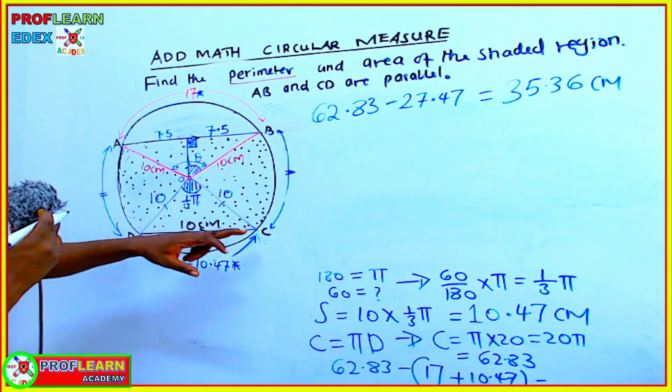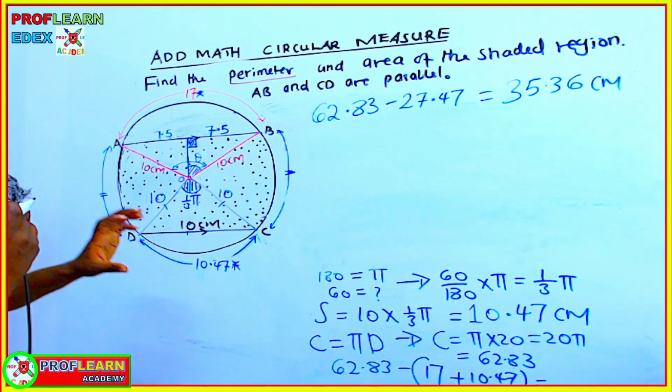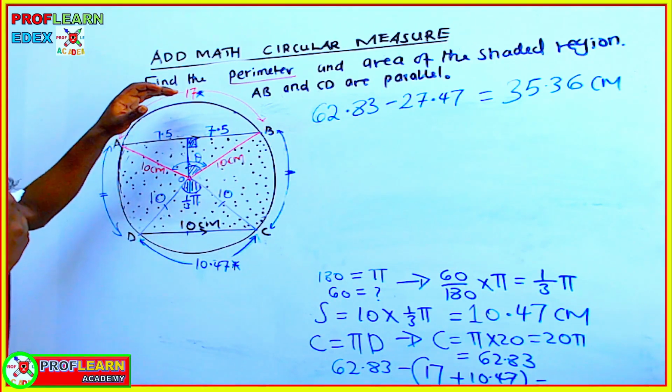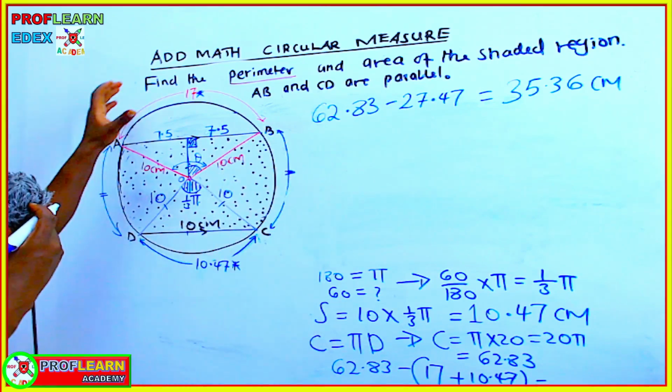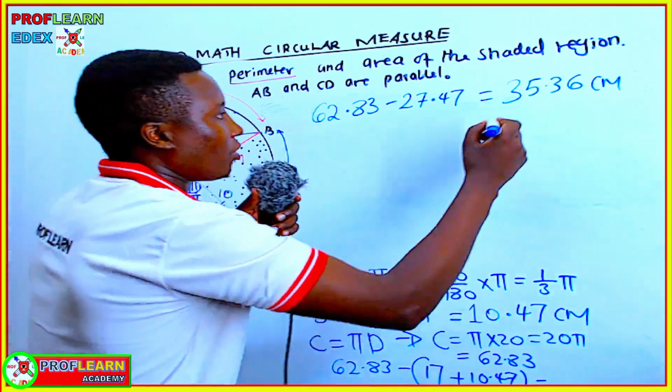Because we had gotten this section and this section, we added them together in order to get what we are going to subtract from the entire circumference of this circle. So we have gotten that part.